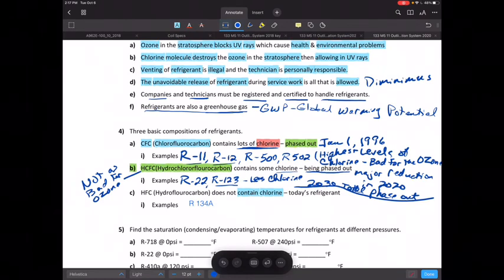And obviously R134A is one that you all see used in your automobile. Another one is R410A, and that's used in a lot of the air conditioning systems that we would use. And those are all examples.